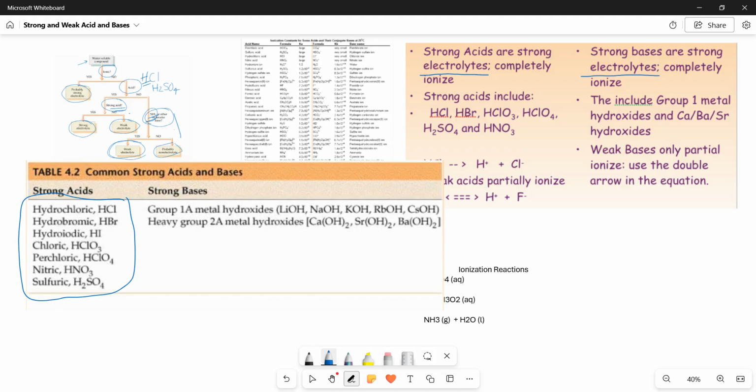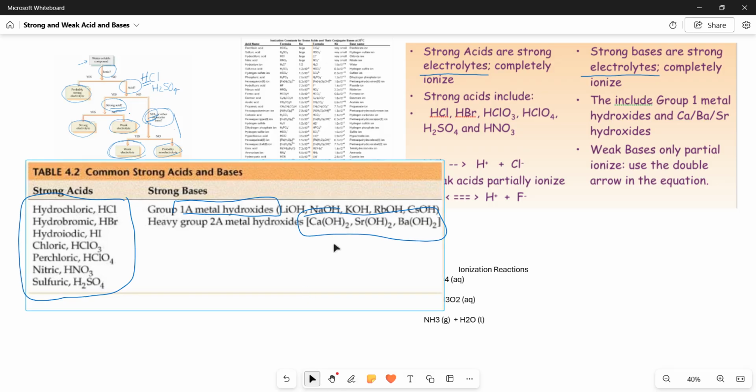To know them is to give yourself a step up in solving some of your acid-base problems. Your strong bases are going to be the ones from family 1 on your periodic table, and these 3 elements from family 2. Those are your strong bases. It's not a very long list, so it is worth memorizing.